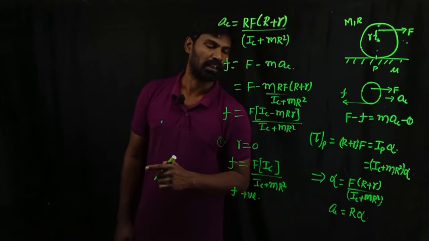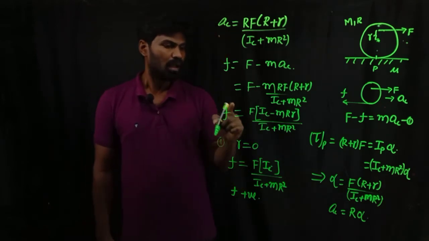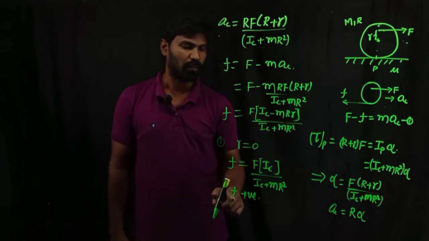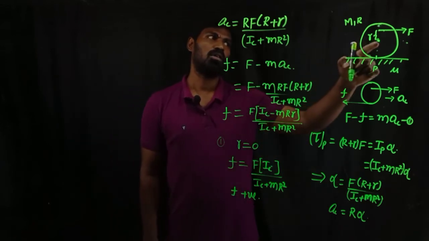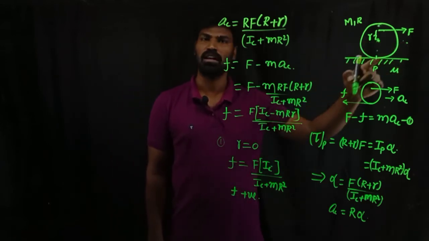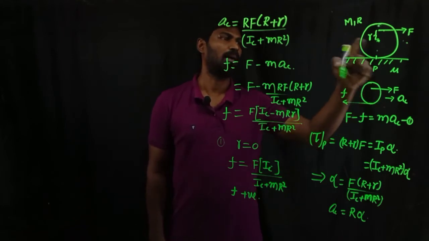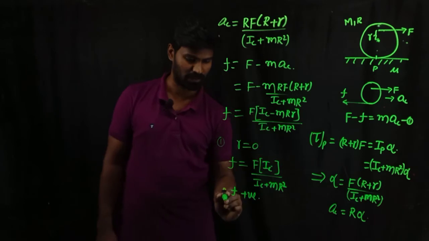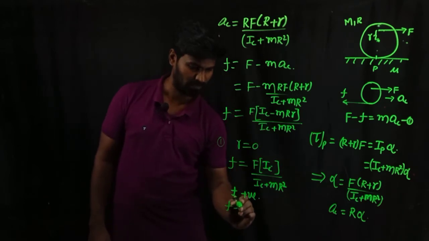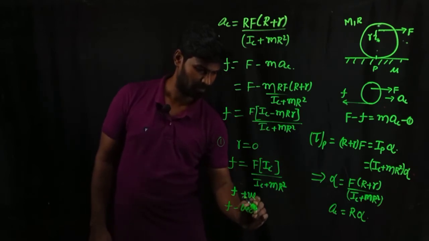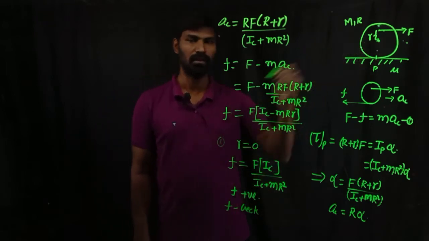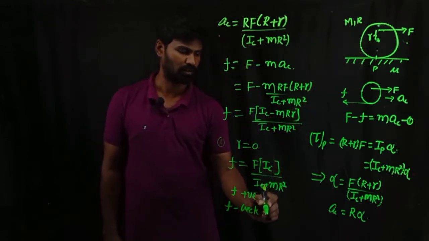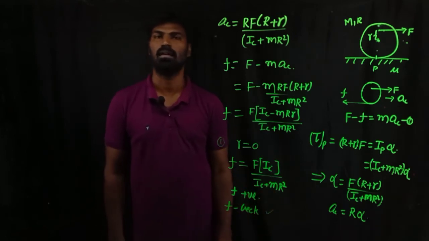So in the case of the line of action passing through the center of mass, the body will undergo both translatory motion and rotatory motion, but the frictional force acting on the body will be in the backward direction. That means frictional force is back, or opposite to the direction of applied force.